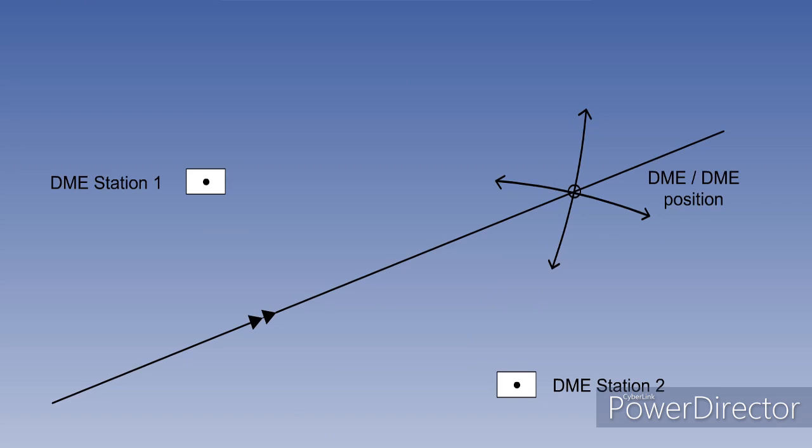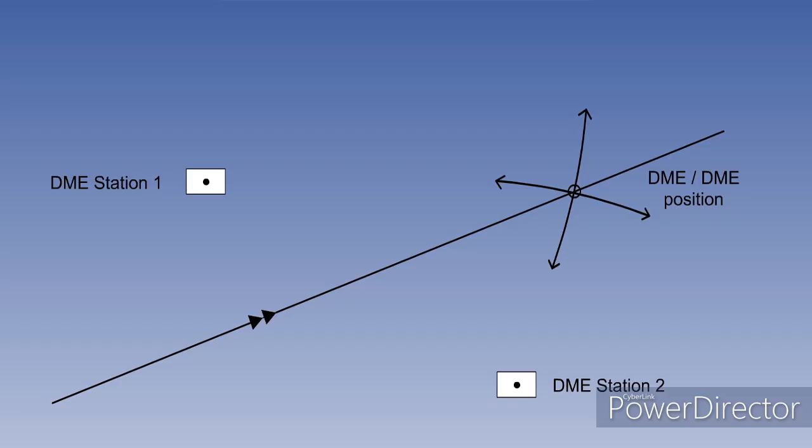The computer automatically selects those DME stations along the route which will give the best crosscut, and calculates an independent new position several times a minute. The crosscut positions are called DME positions.